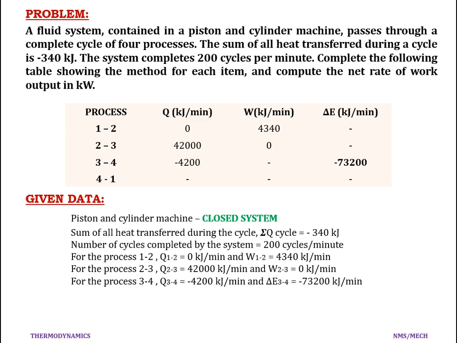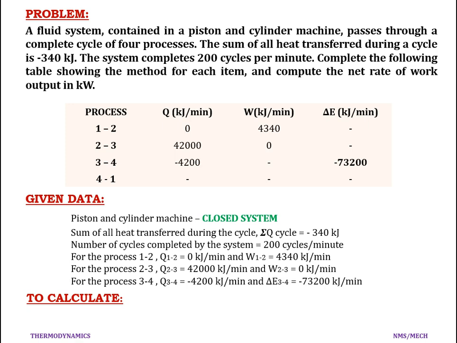But the work done value is missing, so the work output for the process 3 to 4 has to be calculated. For the last process 4 to 1, no value is given. So all the values, that is Q, W and delta E, are to be calculated.